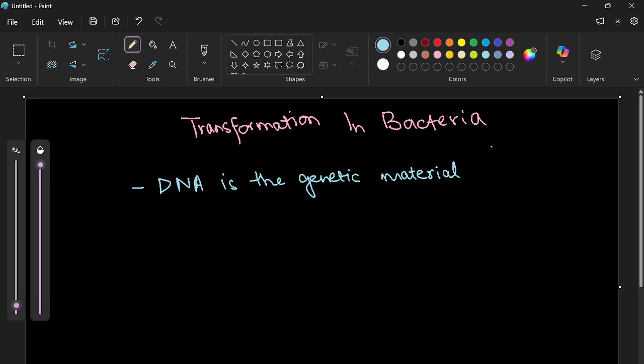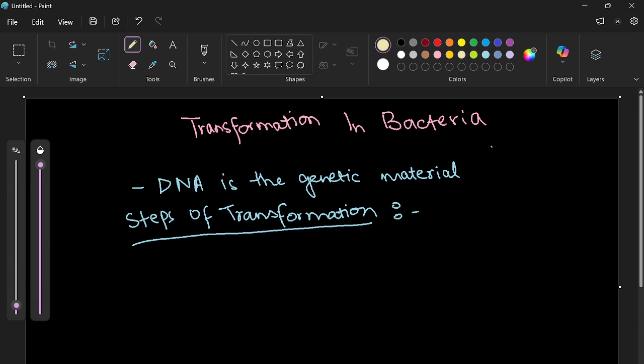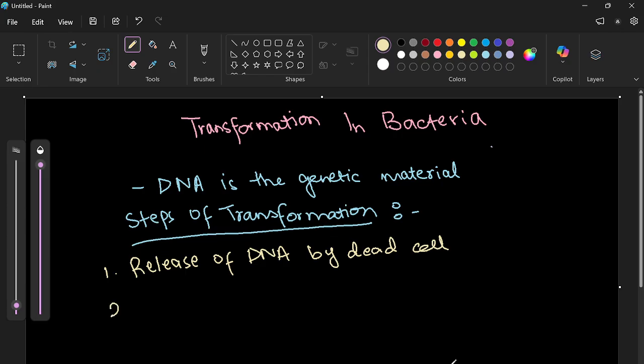Okay. So basically, let me mention all these steps of transformation here so it's easy for you to remember them. Sorry, transformation, not transportation. So, the first step is the release of DNA by the dead cell. The second step is the uptake of DNA by another cell.